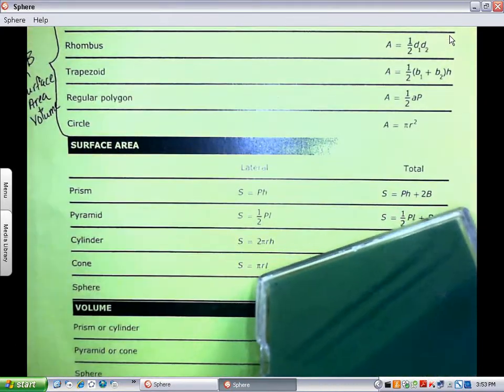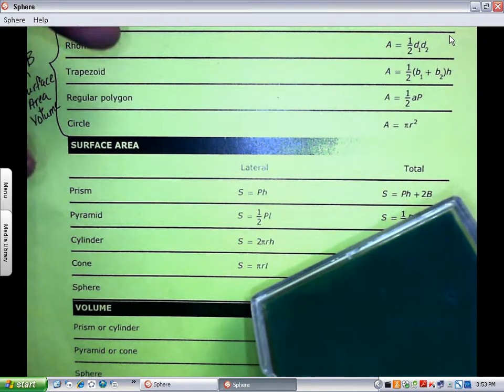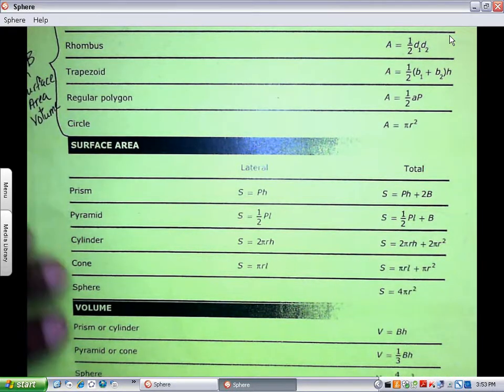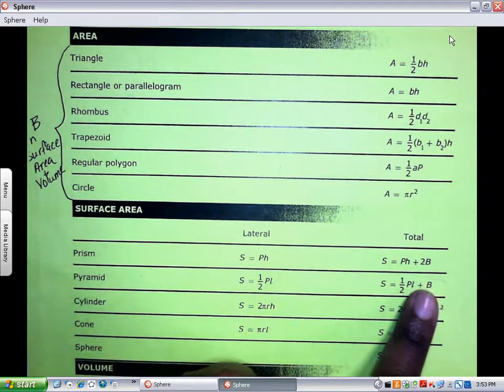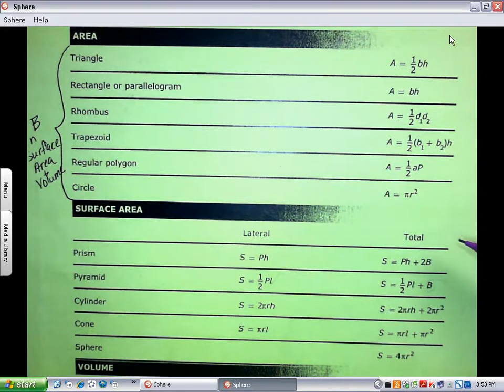It can be a triangle, a square, some kind of regular polygon like a pentagon or a hexagon. So we'll also have to use those formulas when we think about getting the area of the base. Remember that capital B stands for the area of the base, and you have to use one of these formulas up here. So make sure you keep your formula sheet handy while we're doing these problems.